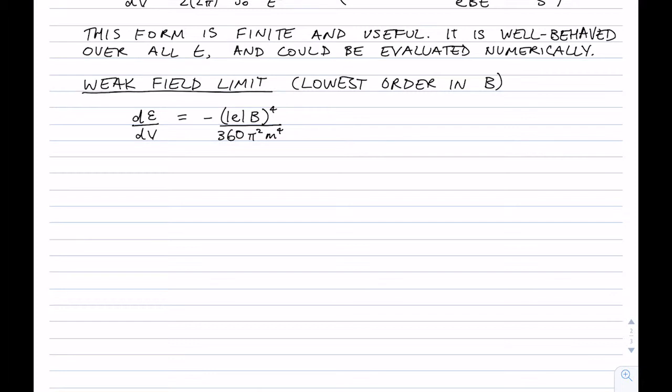And so we can see that the energy density here goes as B to the power of 4. Now remember, in Maxwell's equations, it went as B squared. So we do not expect it to go as B squared. If it was a B squared dependence, then it should have already been included in Maxwell's equations, right?